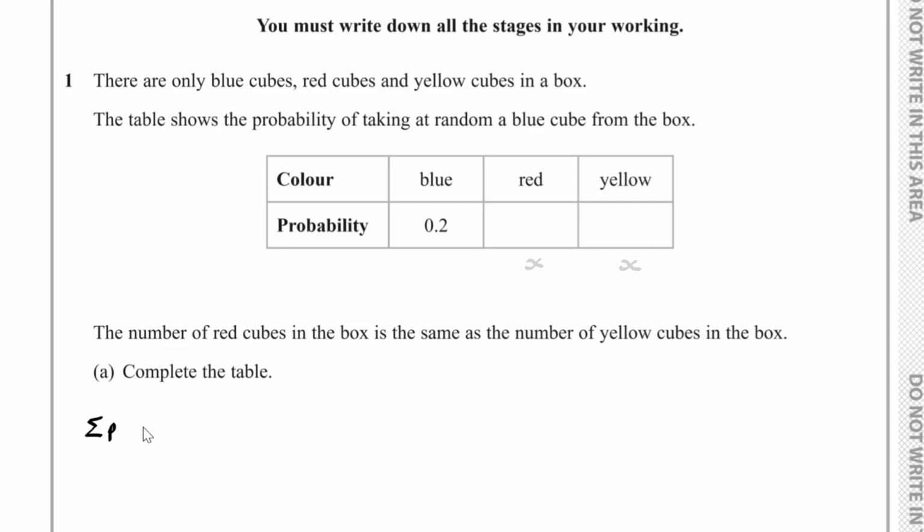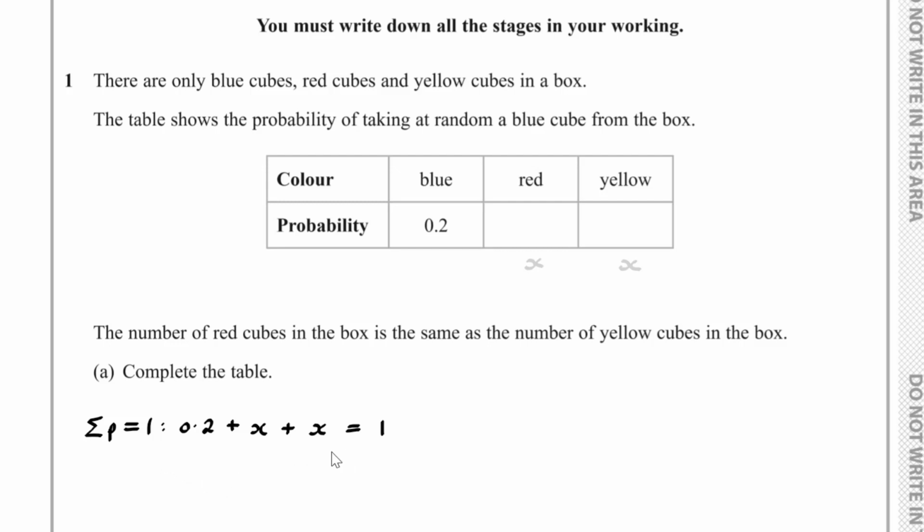So the sum of probabilities is equal to 1. Using this information, we have the probability of selecting a blue, that's 0.2, plus the probability of selecting a red, which we said was x, plus the probability of selecting a yellow, which we also said was x, and adding these three probabilities together we get a total of 1.